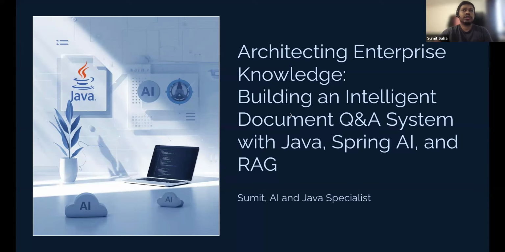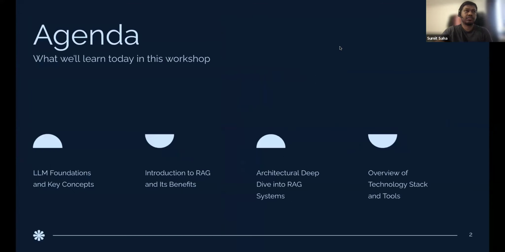Today I will try to use my enterprise knowledge to build an intelligent document question and answering system with Java, Spring AI, and RAG. Basically, we will discuss some LLM foundations and key concepts that we require to understand the project.